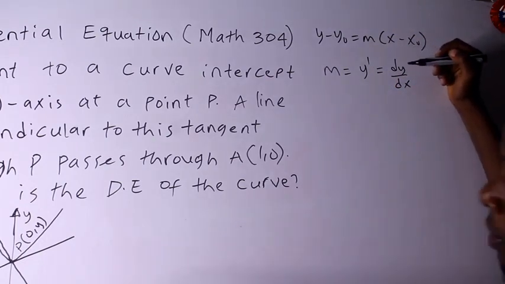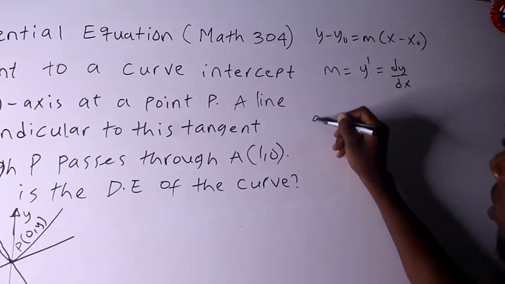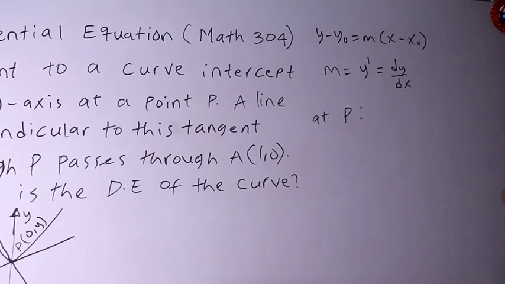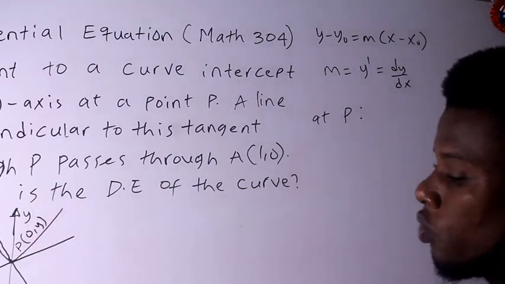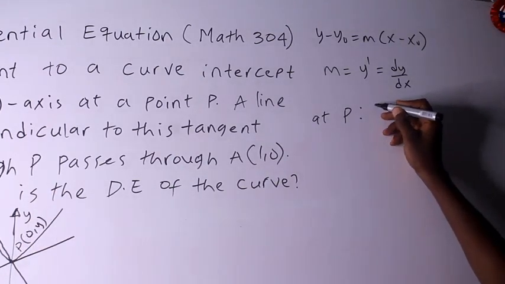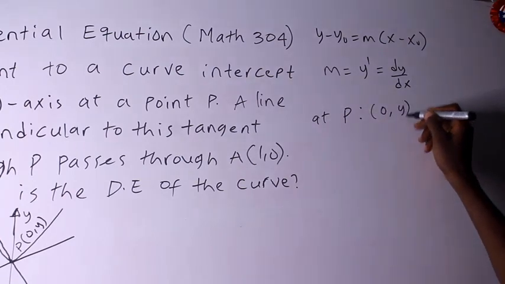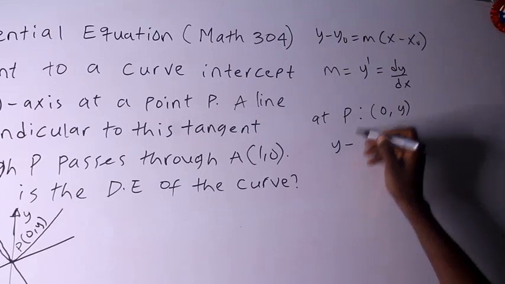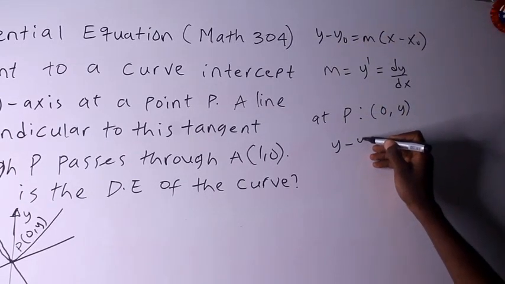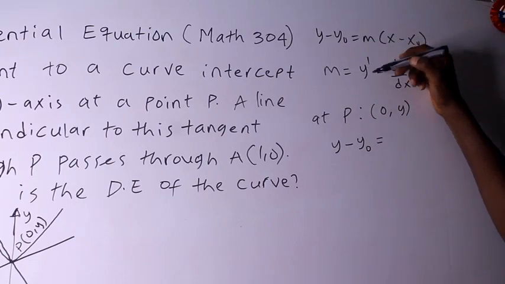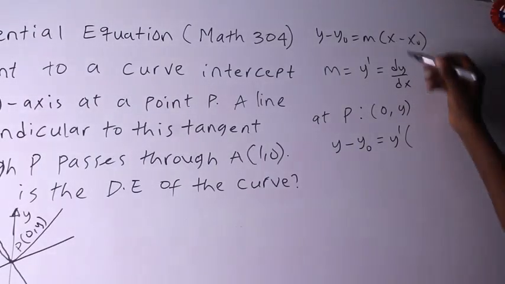Now at the particular point P, we know that x is 0 and y is some value of y. So if we take these and replace them in here, we have y minus y naught is equal to m, which is y prime, the slope, times (x minus x naught).